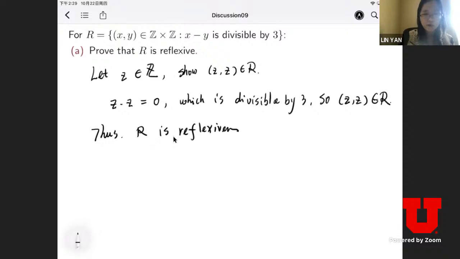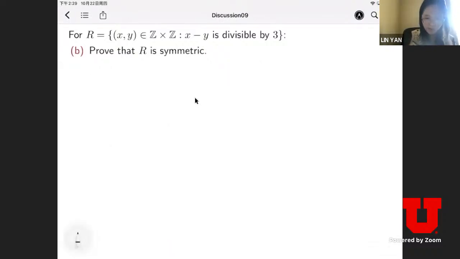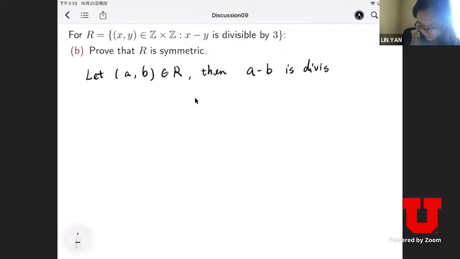Okay, any question about this problem? I think no. Then we need to prove this relation is symmetric. So we can still let (a,b) be in R. Then a minus b is divisible by 3.